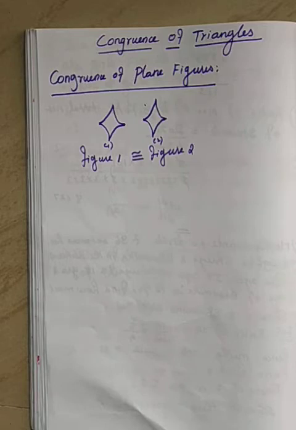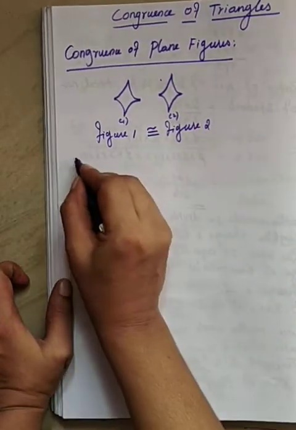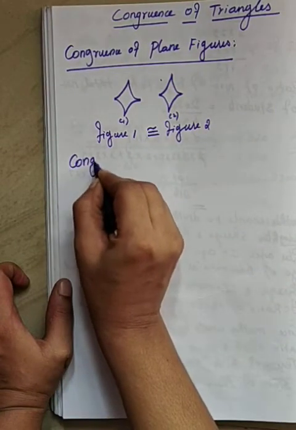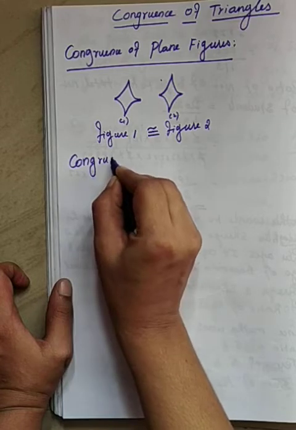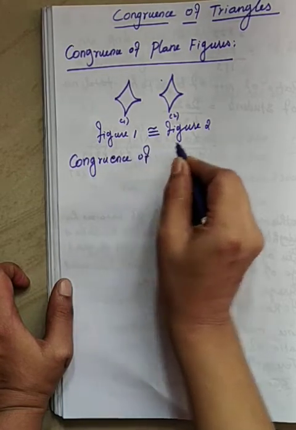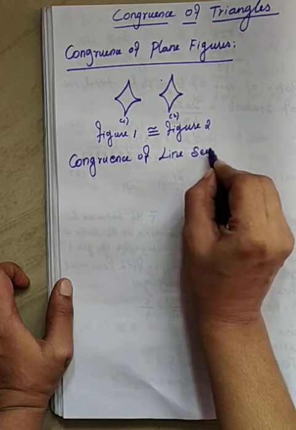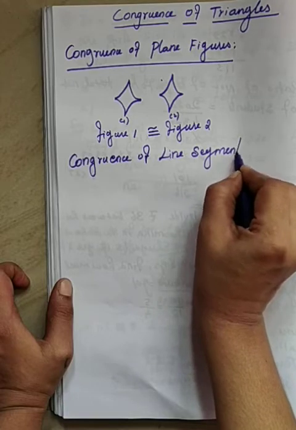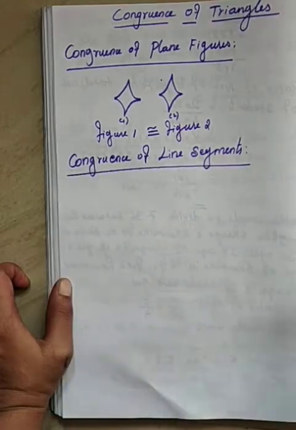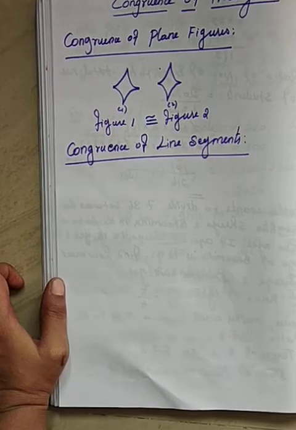Now we see congruence of line segments. What is the congruence of line segments?